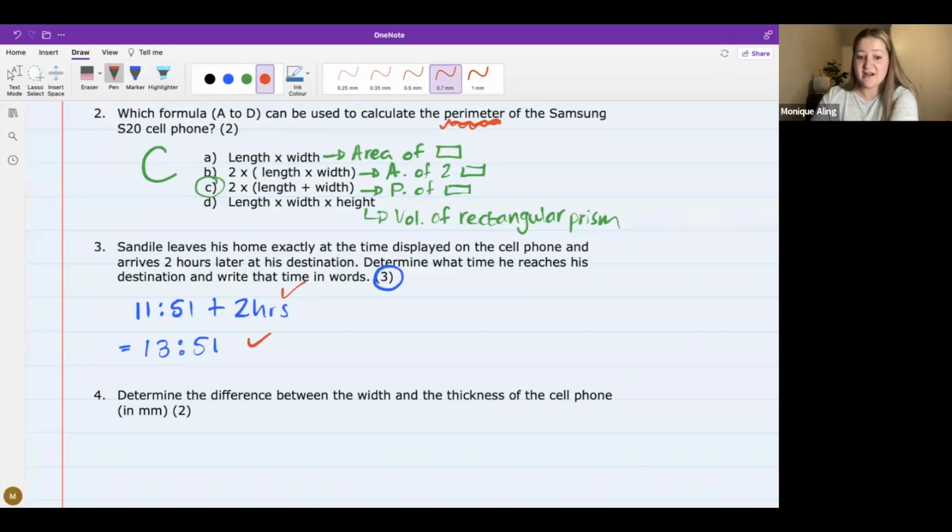Showing your working out, adding the 2 hours, getting your final time, and then we need to write it in words. We don't say 13:51 or 1:51. Remember, we always have to say 9 minutes to 2 o'clock or 2.